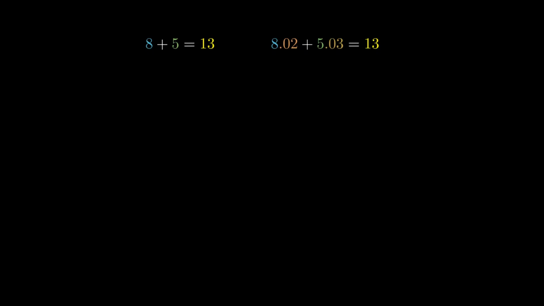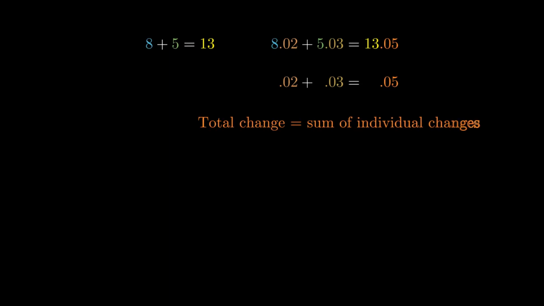Then the resulting number, when you add these two things together, would be 13.05. And clearly the total extra amount of 0.05 came from the change of 0.02 adding with the change of 0.03. That is to say, the total change in the value is equal to the sum of the individual changes.